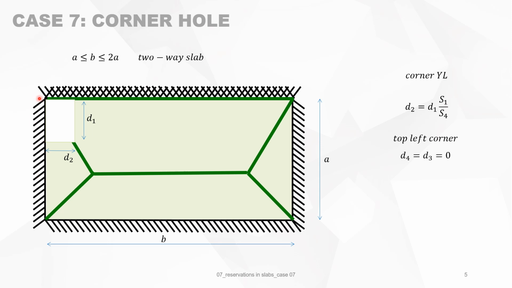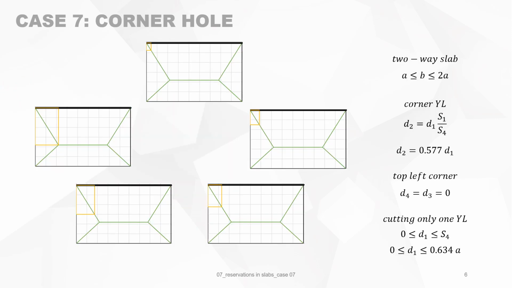Then the top left corner means that D3 and D4 are 0, and cutting only one yield line means that this reservation will not pass this point, or that D1 is smaller than D4. Why do we make all those conditions? Because we cannot find a solution in one closed formula for a random reservation in the slab.